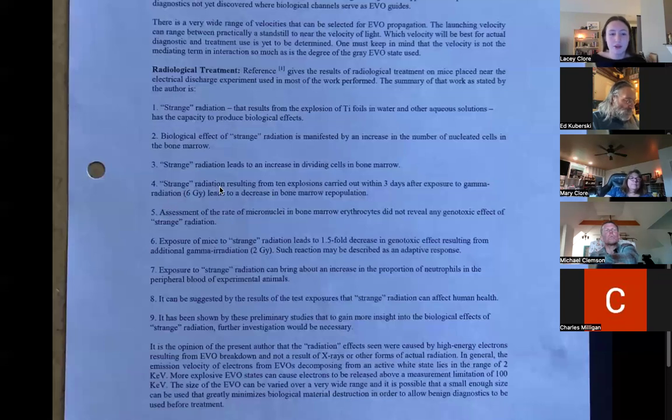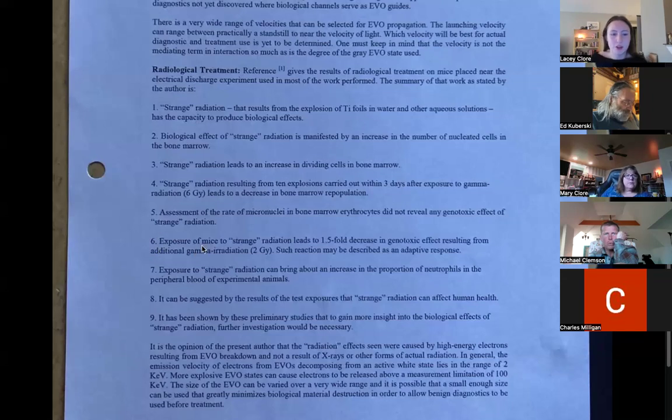Number 4, strange radiation resulting from 10 explosions carried out within 3 days after exposure to gamma radiation, 6 Gy, leads to a decrease in bone marrow repopulation. Number 5, assessment of the rate of micronuclei in bone marrow erythrocytes did not reveal any genotoxic effect of strange radiation.